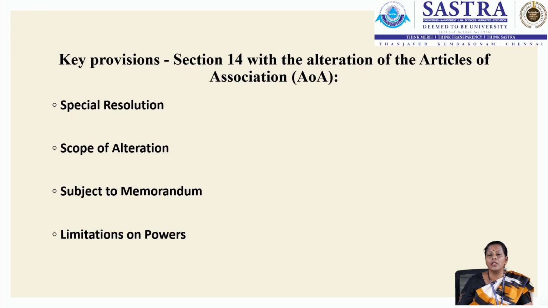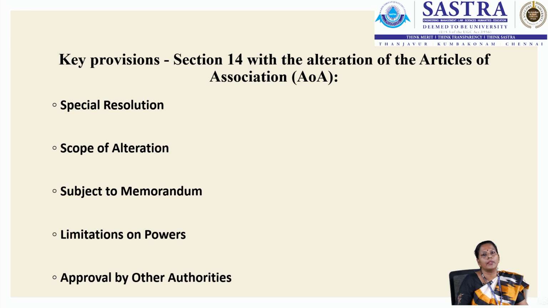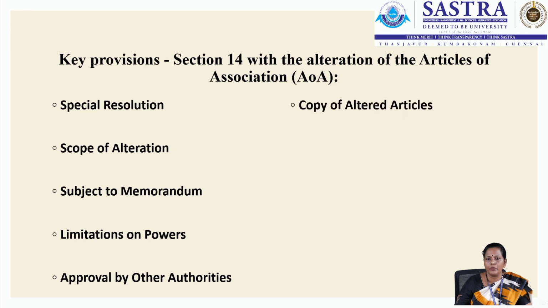They cannot come with an alteration which affects the interest of the minority shareholders. It is not allowed. In case they come out with changes which affect the interest of the minority shareholders, then it should be approved by the National Company Law Tribunal. And if any class of members feels that it is against them, they can always take this particular case to the National Company Law Tribunal.